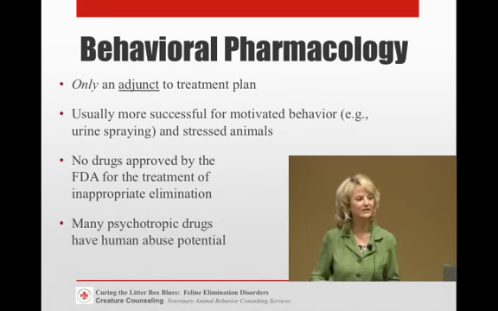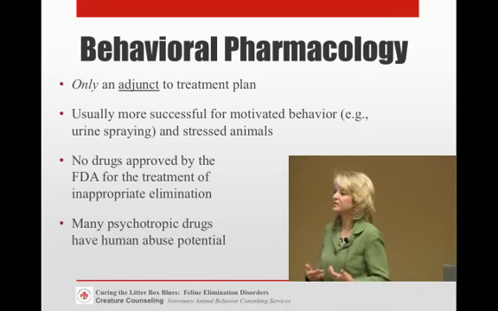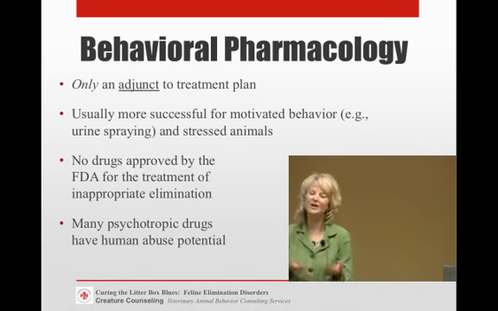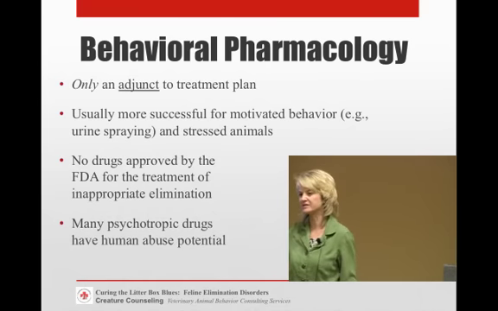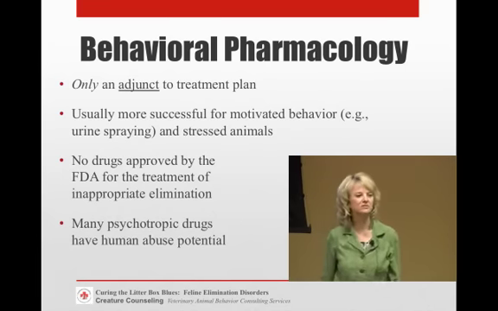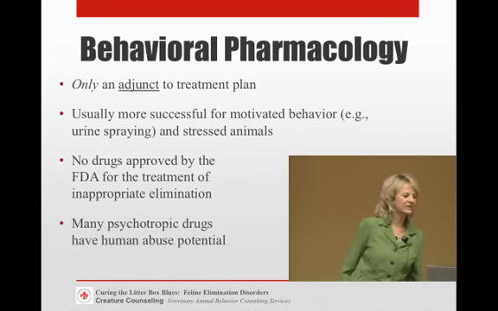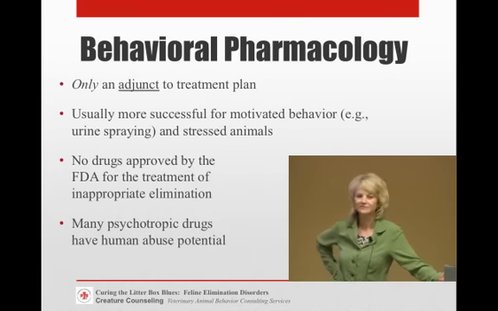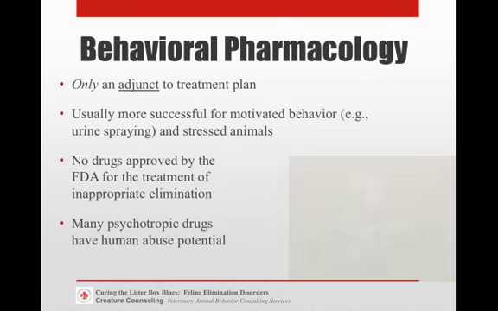What it is, is something called off-label, meaning it hasn't been designed to be used with cats, but we are, and oftentimes in veterinary medicine this is what we do, because a lot of companies don't spend the money to do all the testing that says, oh, well, you can use it for urine marking in cats. And lastly, there's the potential for human abuse, so we have to be careful about using that in our home environments.